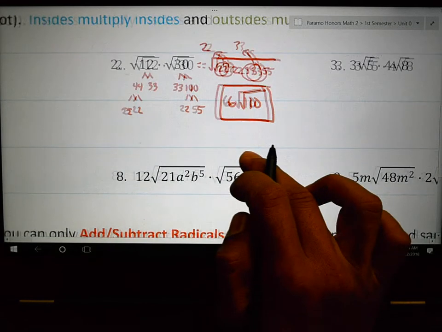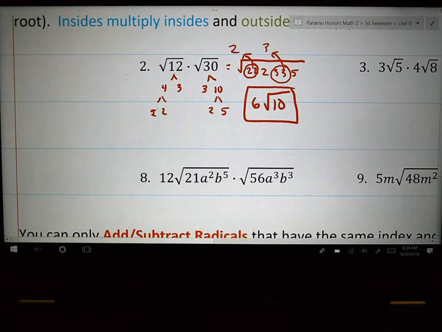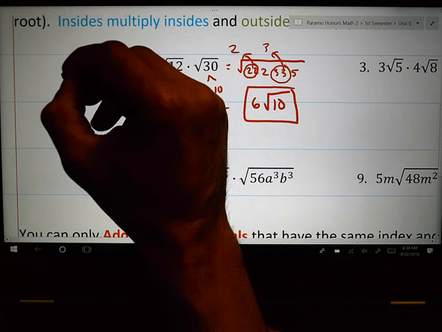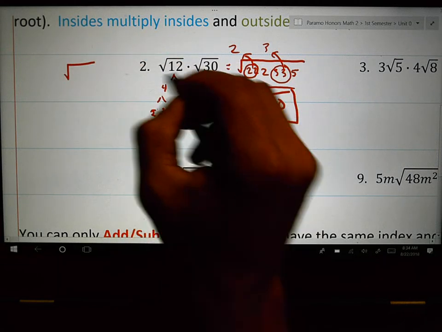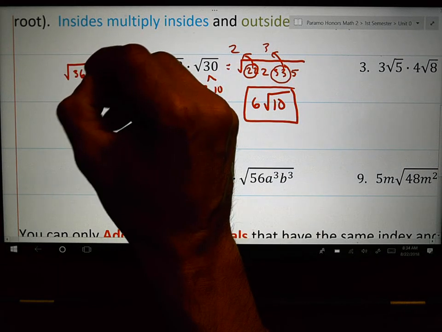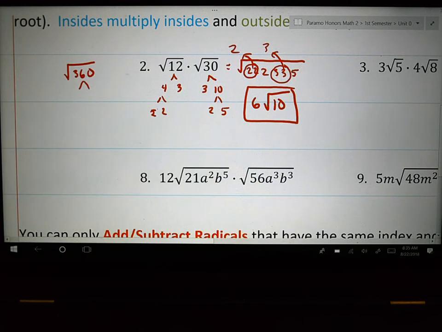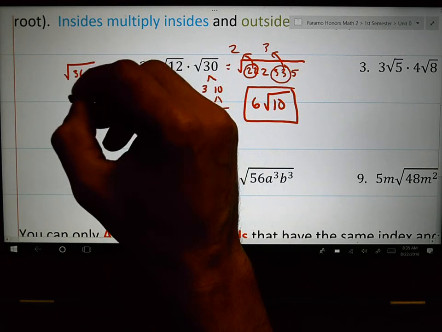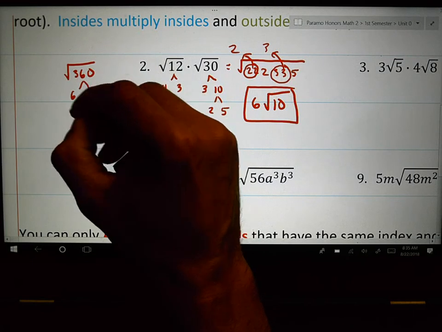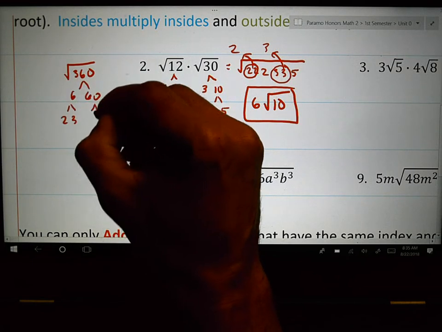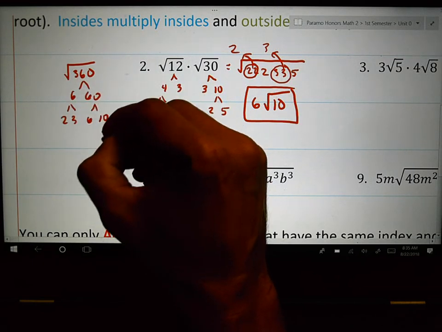By the way, I want to show you, you could get the same exact answer if you were to multiply 12 times 30 and you got 360. You could do that and then break it apart. You can get the same answer. You might have done 6 times 60, 2 times 3, 6 times 10, 2 times 5.